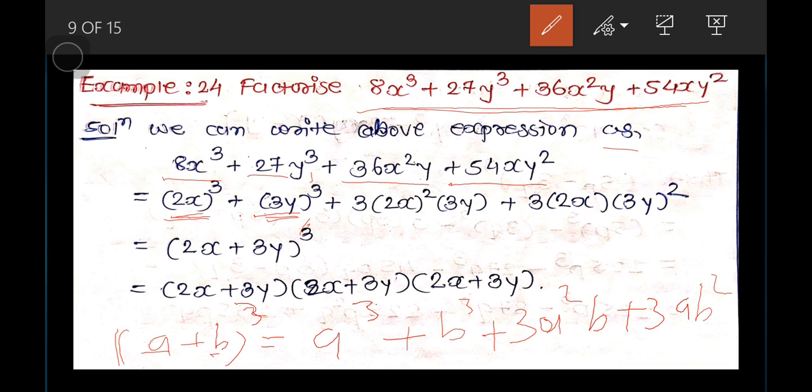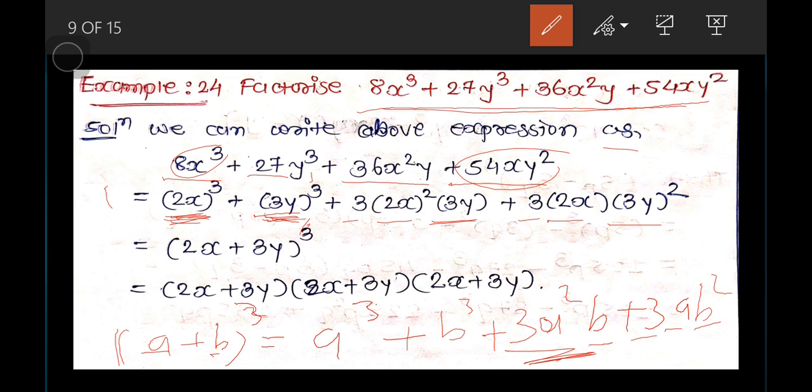So we can write 8x cube as 2x whole cube, 27y cube as 3y cube, plus we can write 36x square y as 3 into a square, that is 2x square, and b, that is 3y, and 54xy square we can write in the form 3a, with a given here as 2x and b as 3y, then 3y square.